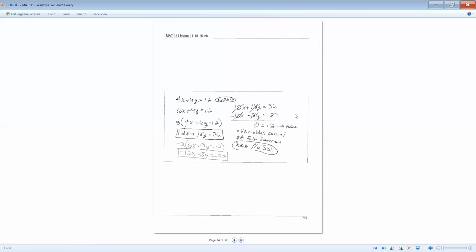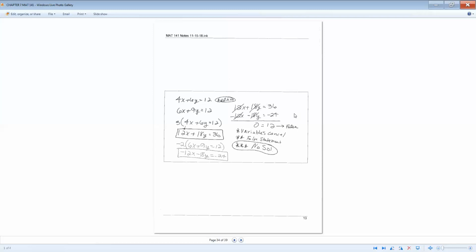So something special happens here. Notice that when I add these new equations together, the 12x's cancel and the 18y's cancel, giving me 0 on the left, and then 36 minus 24 on the right, which is 12. Going back to when we were solving regular linear equations, remember when your variables cancel, and notice we have 0 equals 12, which is a false statement.